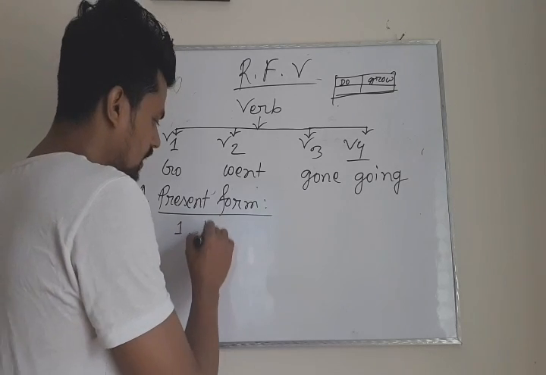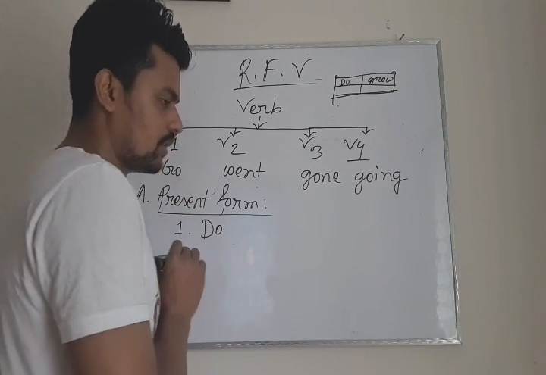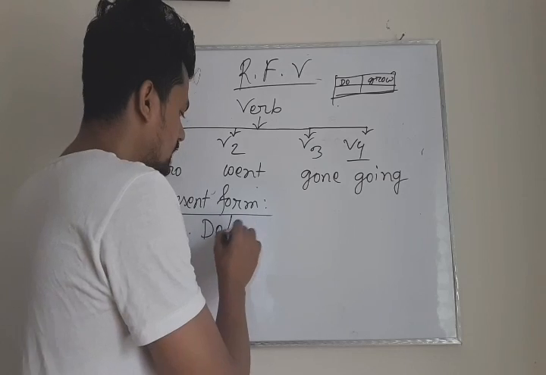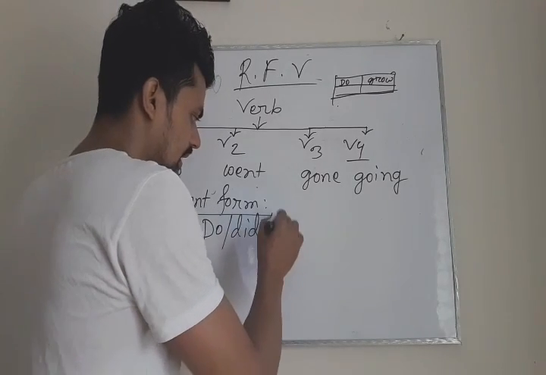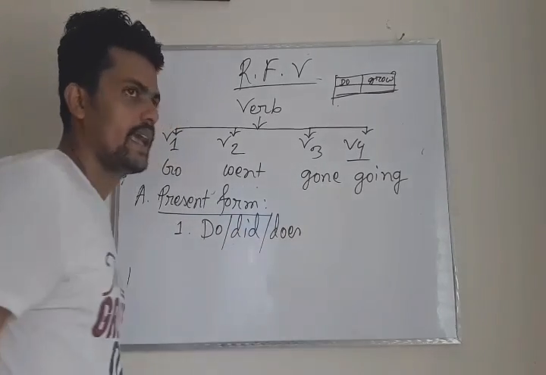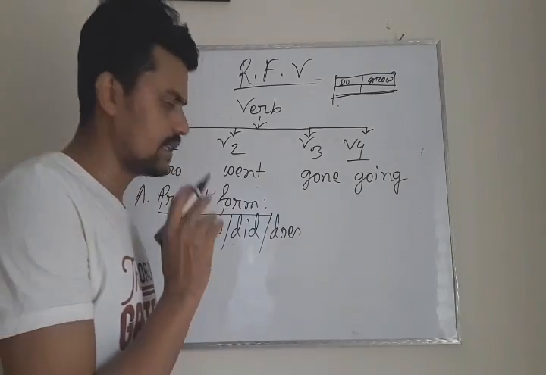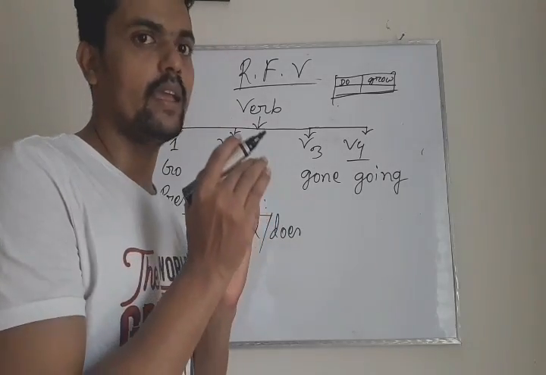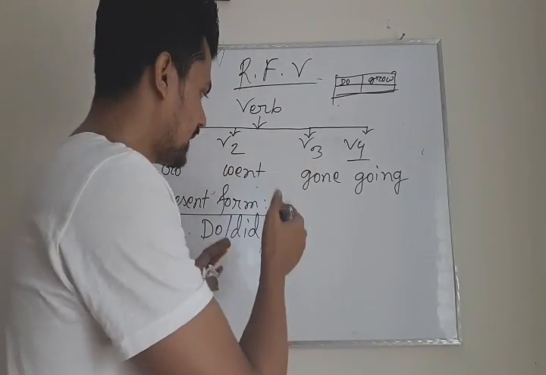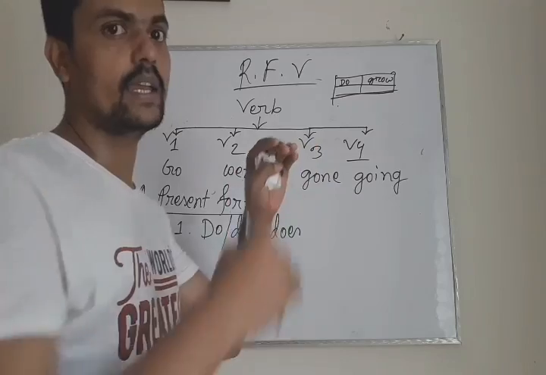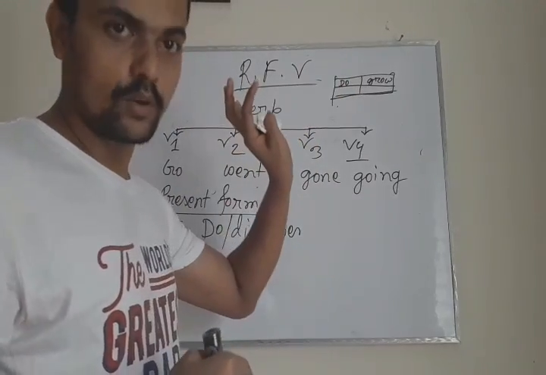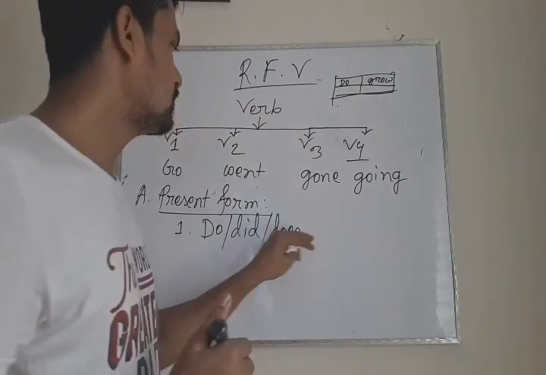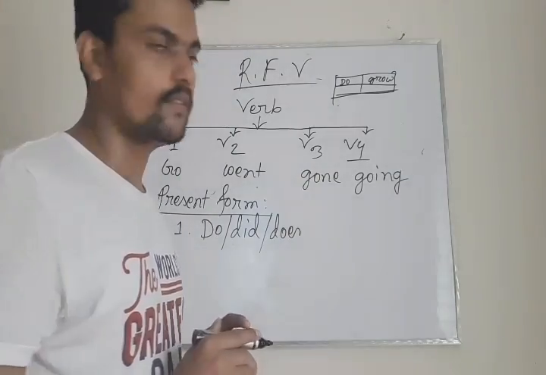Number one, if you see do, did, does in any fill in the blanks, in any passage, and you get an option in the bracket or in the box, you will just use the present form of the verb.